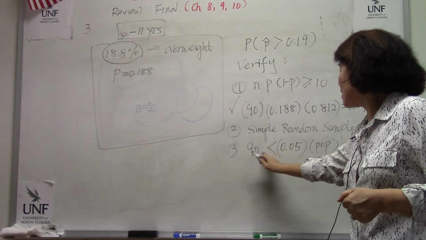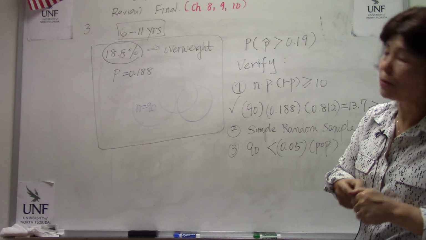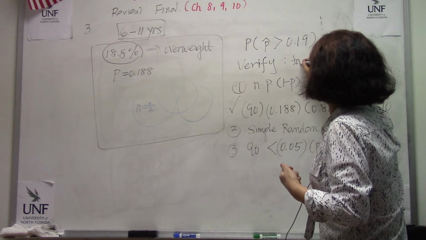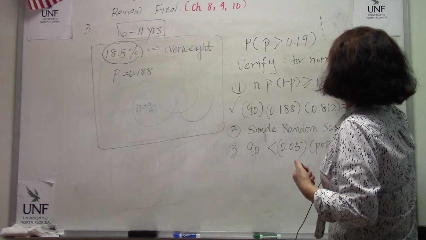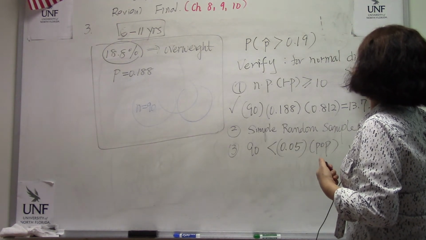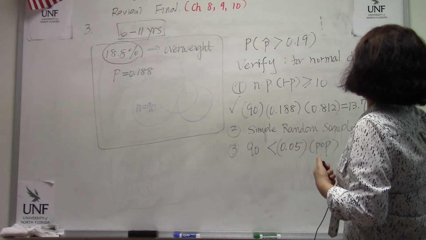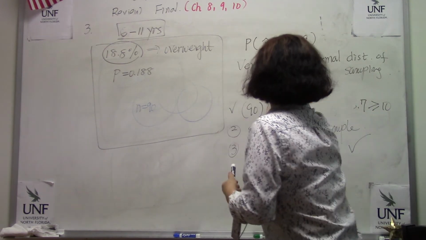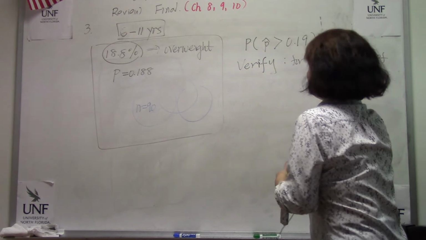But this is less than 5%, so not a problem. These are all met, so we can say the sampling distribution is normal, and now we are free to use it.